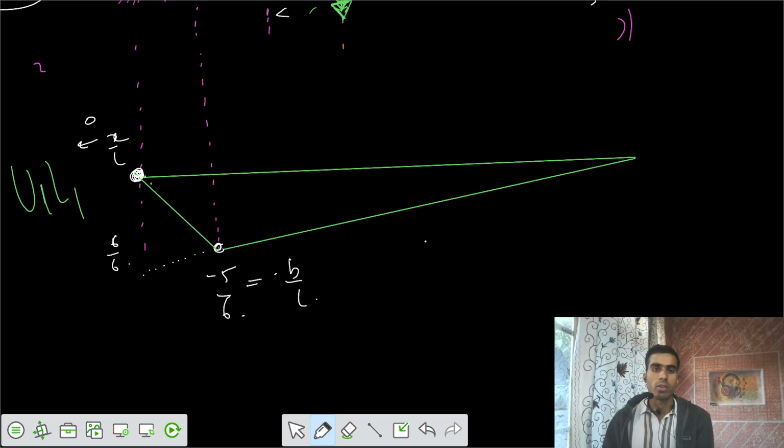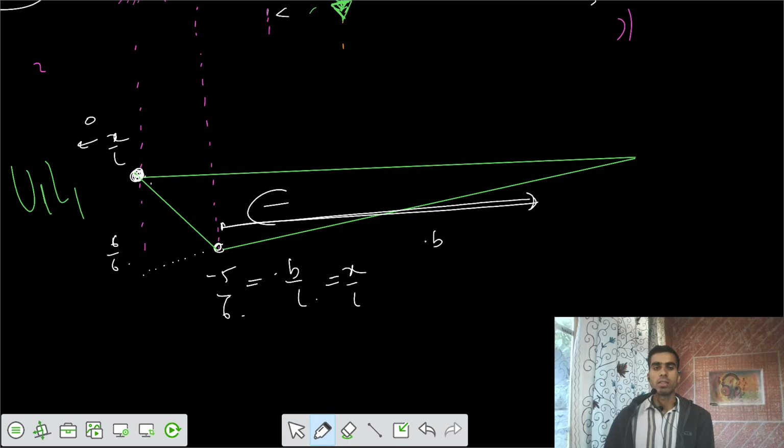This is x by l in this direction, and this is b by l, and this is negative.